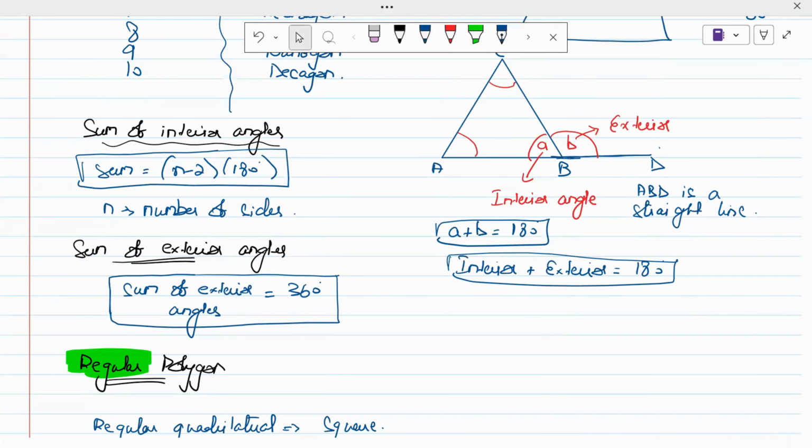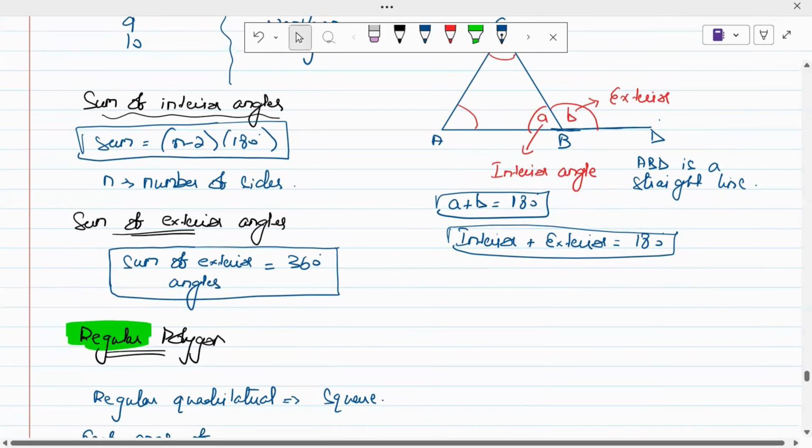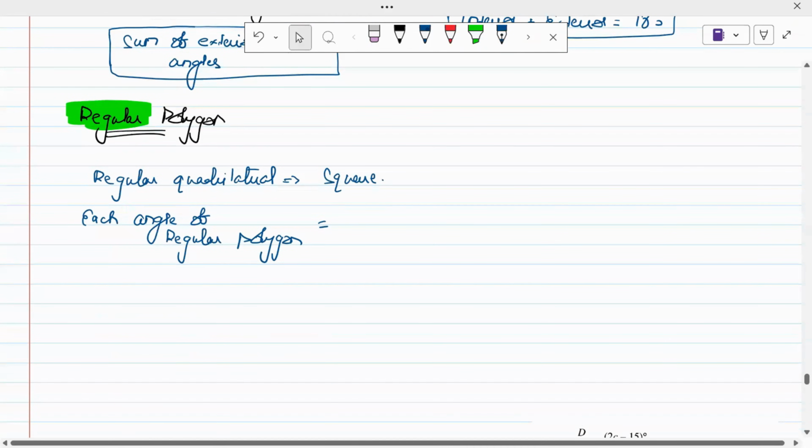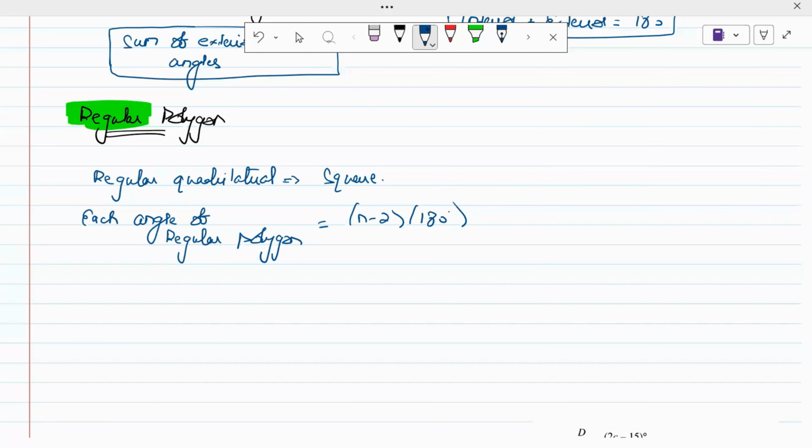Now, since for a regular polygon all the angles are the same, and we have to find the value of one angle, we'll simply divide the sum by the number of sides or the number of angles. So in the numerator, n minus 2 into 180 represents the sum of all interiors. And since all interior angles are the same, we can find the value of each interior by dividing the sum by the number of angles. So this is the formula to be used when the question uses the word regular polygon.